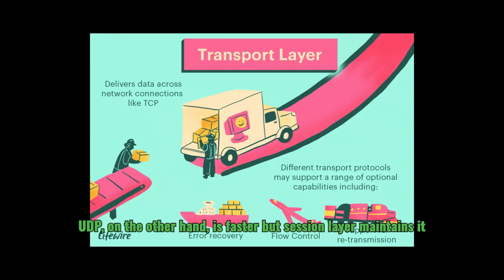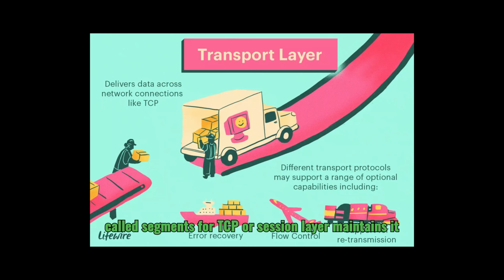UDP, on the other hand, is faster but less reliable, often used for video streaming, where speed is more important than accuracy. The transport layer also breaks down the transmission into smaller pieces called segments for TCP or datagrams for UDP to make it easier to send.